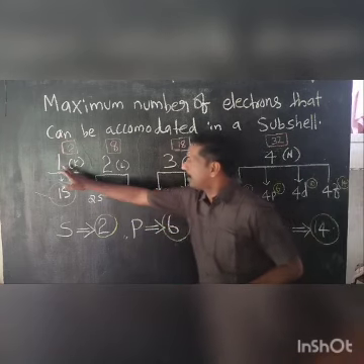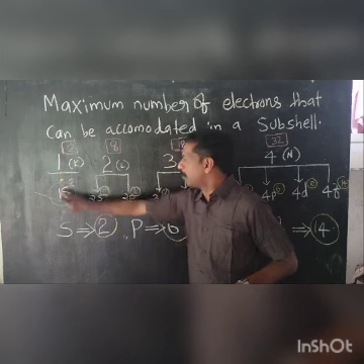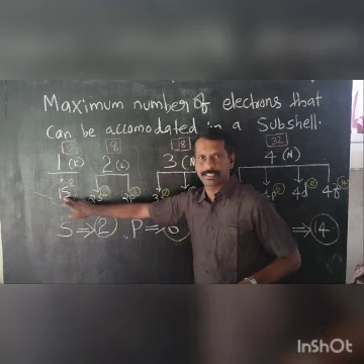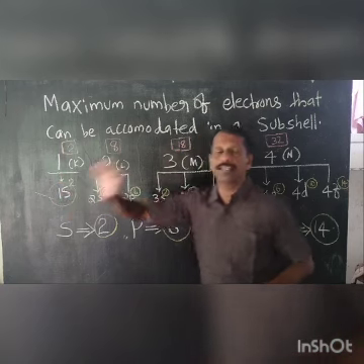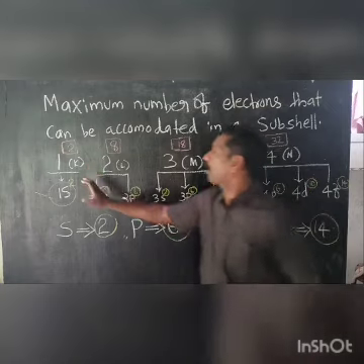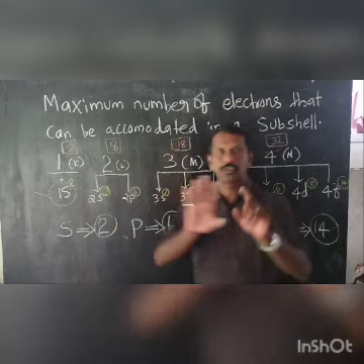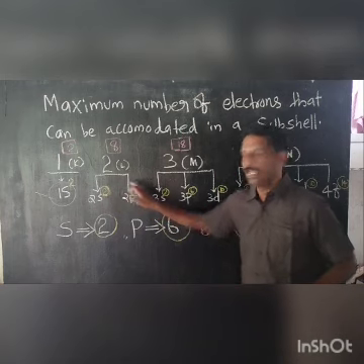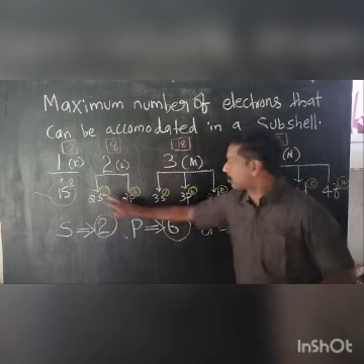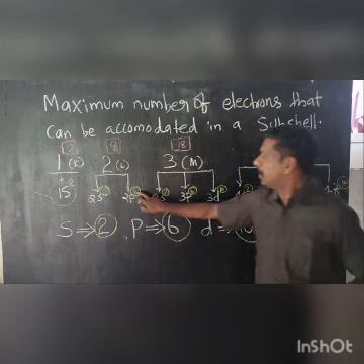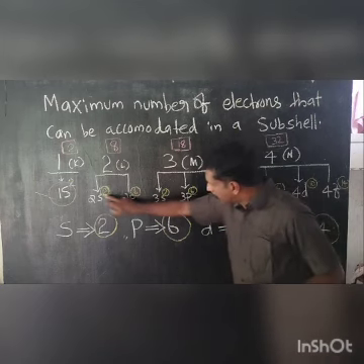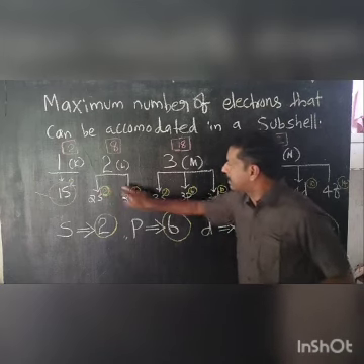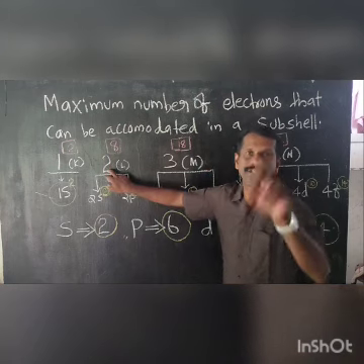In the first shell, there is only one subshell, that is 1s. S can accommodate only a maximum of 2 electrons. Therefore, altogether in the first shell it is 2. The second shell has 2 subshells, S and P. S can take 2 electrons and P can take 6 electrons, so 2 plus 6, 8, is in the second shell.